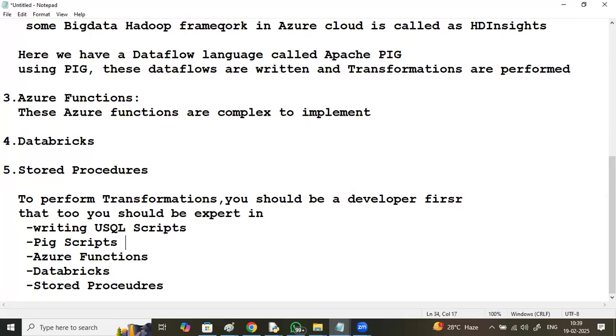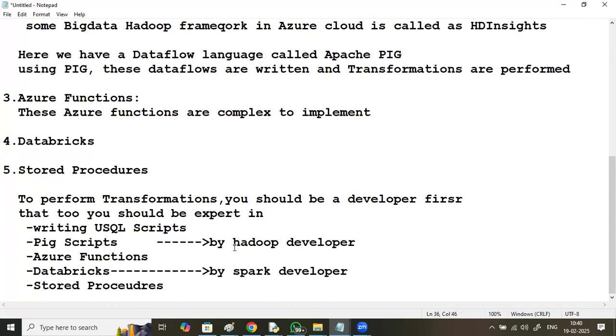Generally, USQL and Pig scripts are written by a Hadoop developer, Databricks by a Spark developer, Azure Functions, the complex code, by a .NET developer, and stored procedures by a SQL developer.